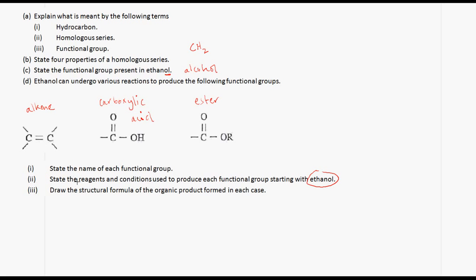So if we go from ethanol to an alkene, the alkene in this case will be ethene, and the reaction conditions for this is we have to heat with concentrated sulfuric acid at a temperature of 170 degrees C. So it's 170 degrees C, and it's conc H2SO4.